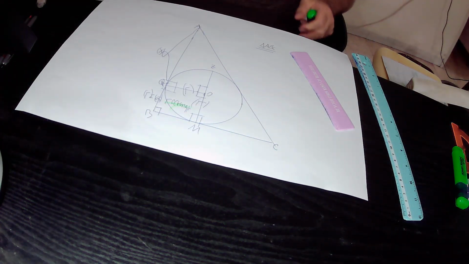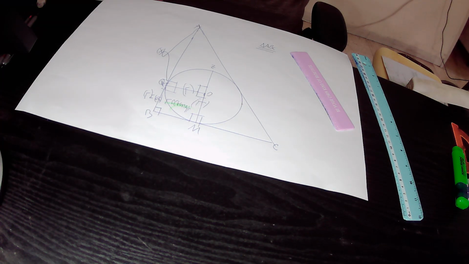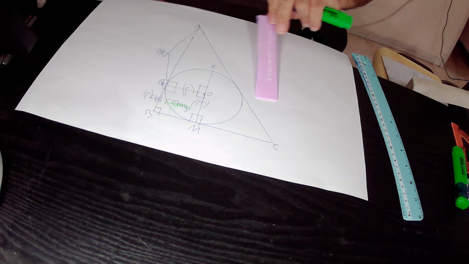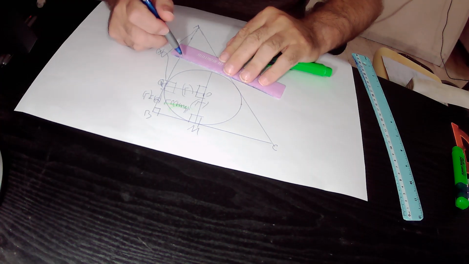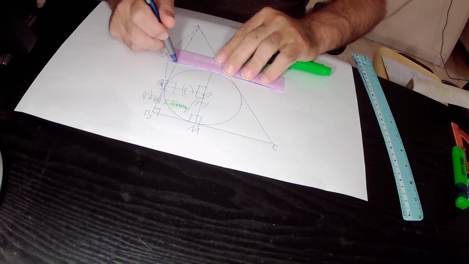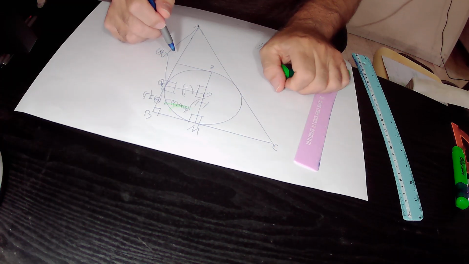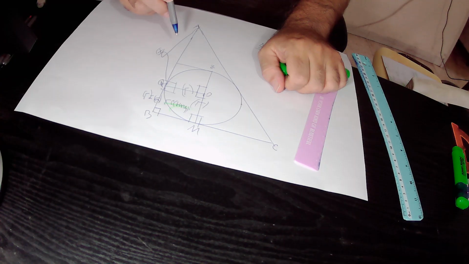The next step, we do another construction, that is from the side AB we draw a tangent to the circle that will be tangent at point Z. And we define the touching point of this tangent with this circle.